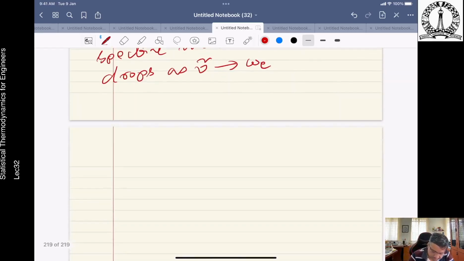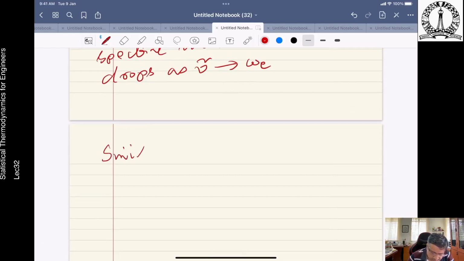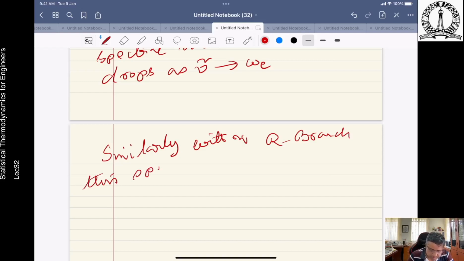Similarly, within the R branch, this spacing rises as this approaches.